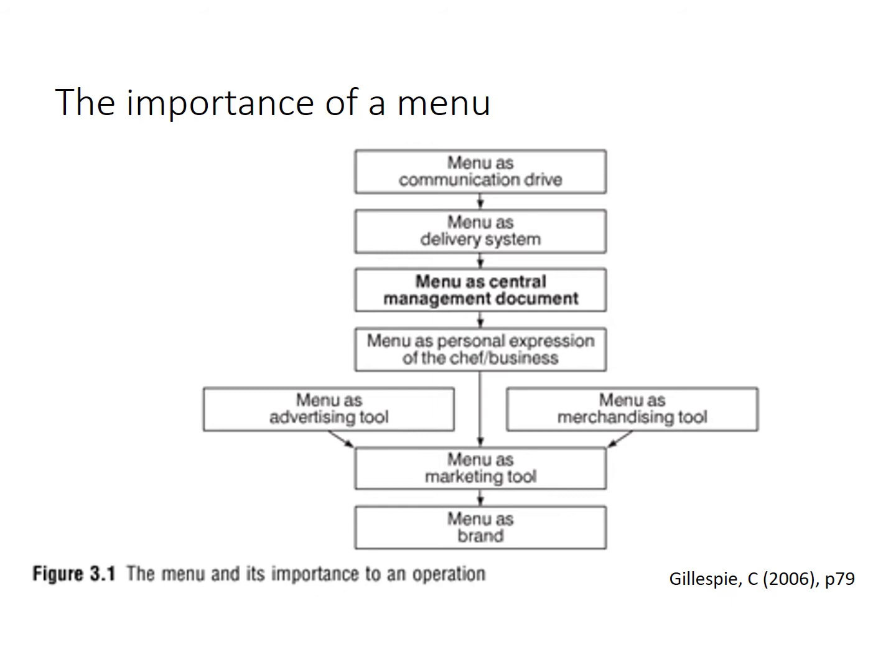So it runs the whole process. Menu as personal expression of the chef and the business, and then menu as a merchandising tool, the menu as an advertising tool, which leads into the menu as a marketing tool, menu as a brand.